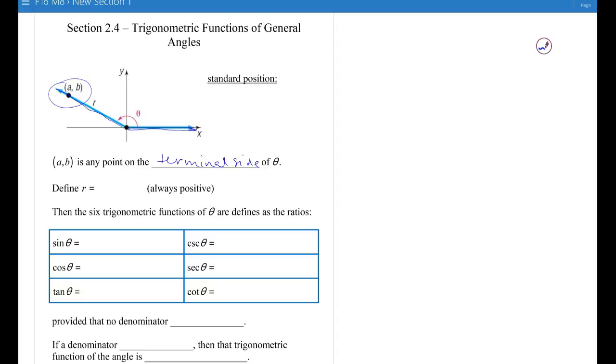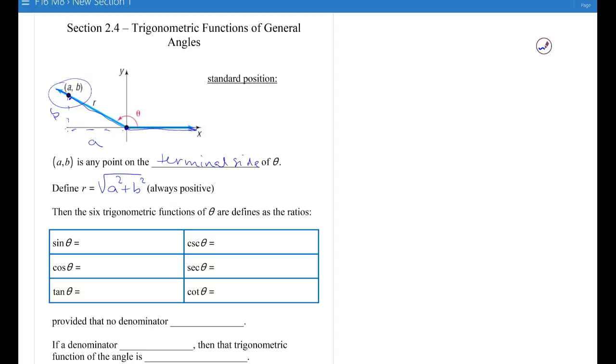So then we're going to define r to be the distance from the origin to the point (a, b), which we know from the distance formula is going to be the square root of a squared plus b squared. And if you're not seeing that, it's the Pythagorean theorem really, because a is this distance and b is this distance. So that's always going to be positive because it's a distance.